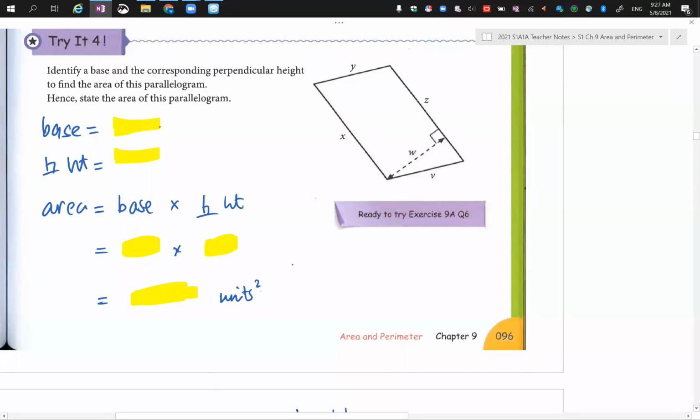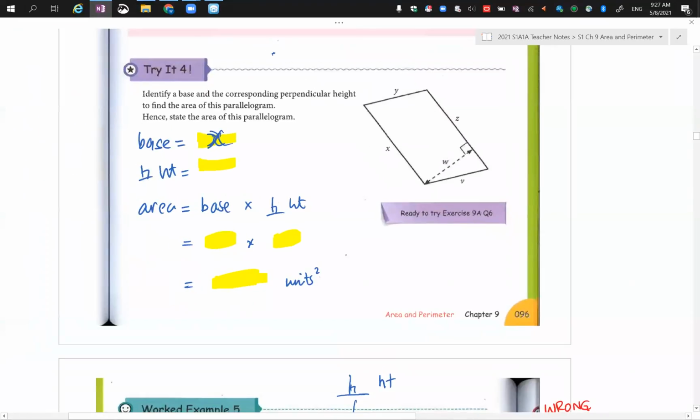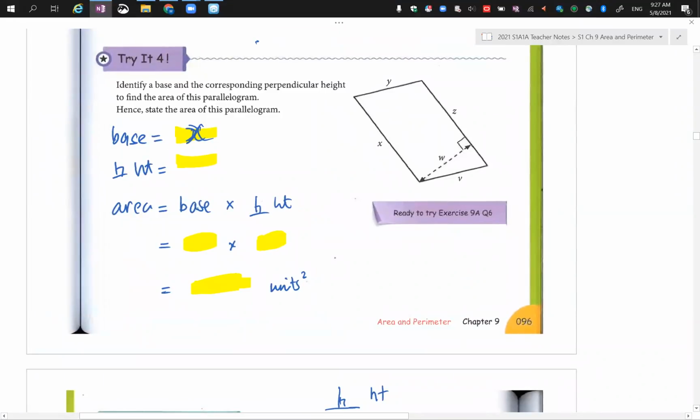Do you all have any other answers? Z, is it? Wait, base is X. This is from Xavier. Just take note that Z is from this point to this point. So is Z going to be the base? Too short. Z is too short, right? Base is supposed to be our X.